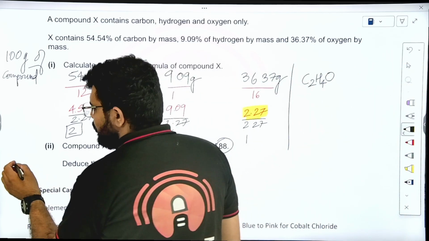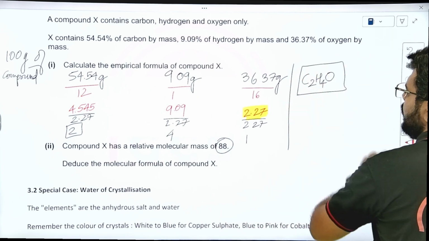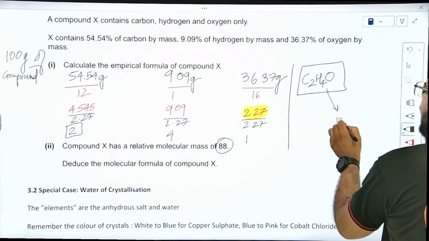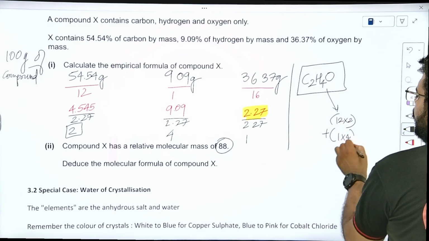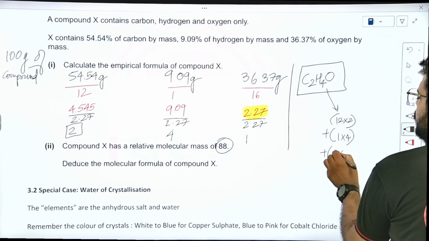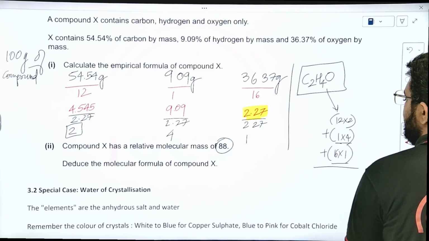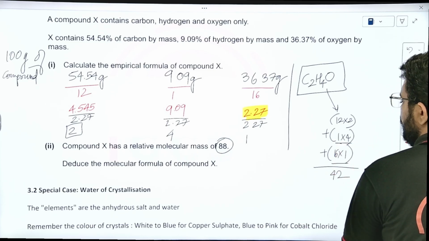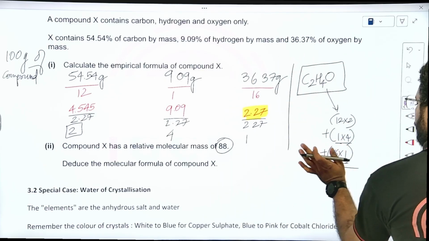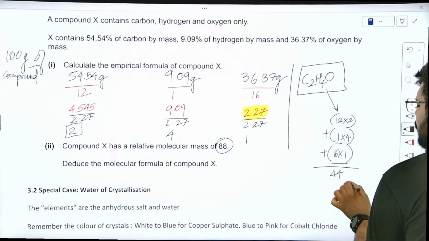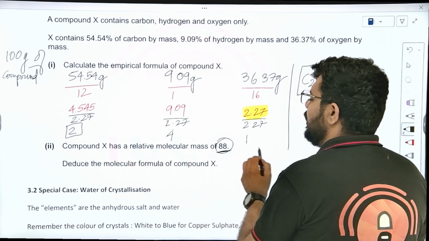Now consider this very simply, that there will be an empirical mass of this compound as well, right, which will be 12 into 2 plus 1 into 4 plus 16 into 1, which will give me 24 plus 4, 28, 28 plus 16, 44, I think, right? Correct.